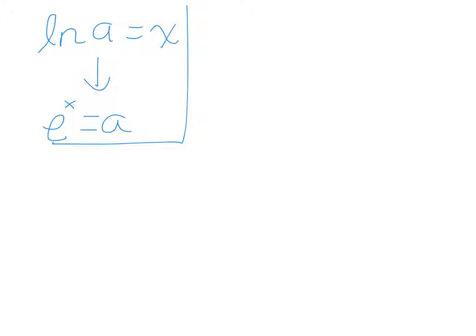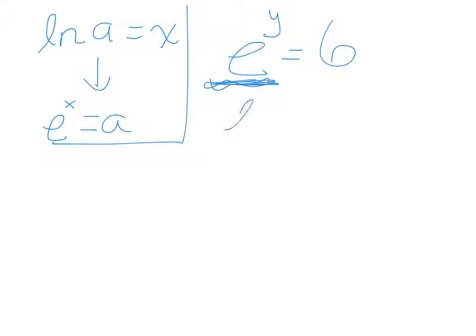How about if we go the other way around? So again, if we have the natural log of a equals x, that would translate as e to the x equals a. Put that at the corner of your paper. So this time if we're given e to the y equals 6, well, this tells us that our log, that's going to be the base of the log.